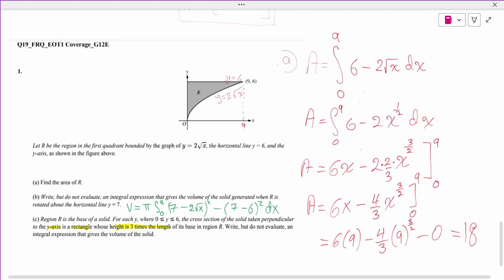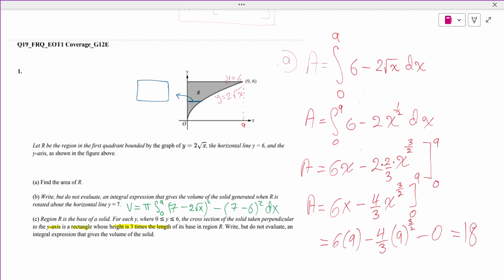Now, this is called the slicing method, where we are given a cross section perpendicular to the y-axis. So this is a cross section, and it is a rectangle. Now the length of this rectangle is the function, but written in terms of y, and we have to isolate x.